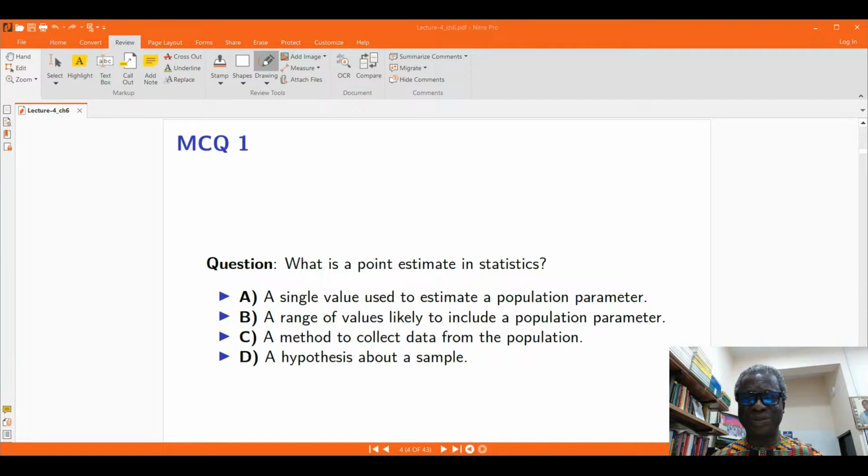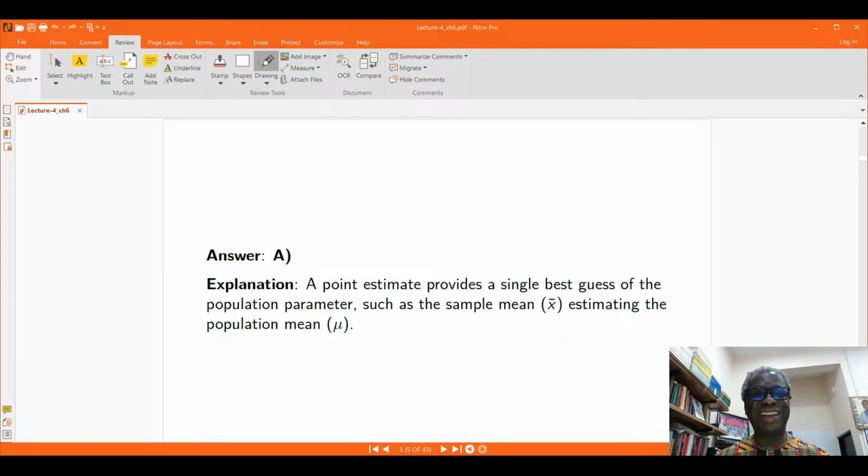So let's go to the correct answer. In this case the correct answer is actually A. A point estimate provides a single best guess or best estimate of the population parameter.